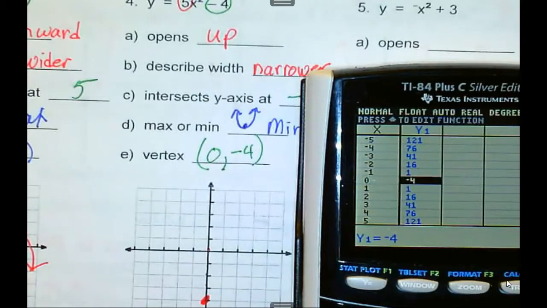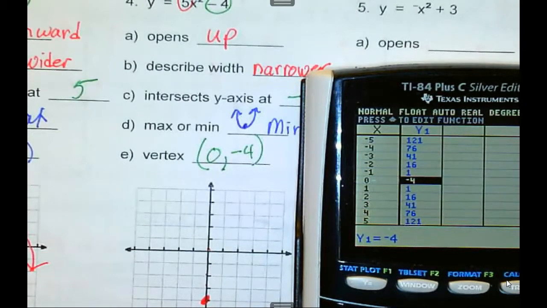Look at your y values. They're the same right after my vertex, right? So if I look at 1, its y value is 1. If I look at -1, it's going to be 1. If I look at -2, it's going to be 16. If I look at +2, it's 16. That's how I know that 0, -4 is my vertex. Now, it doesn't work for every equation, but it works for a lot of them.